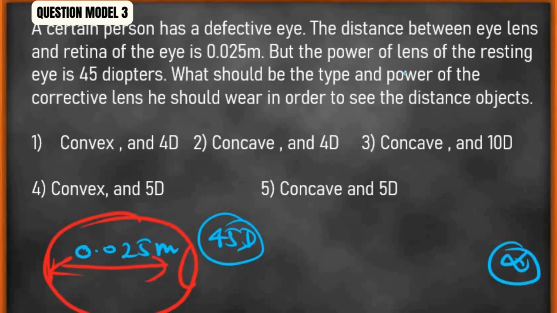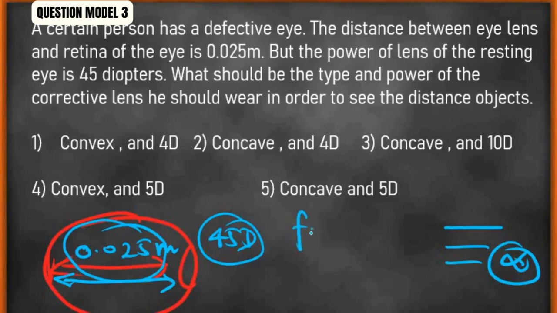What should be the type and power of the corrective lens he should wear in order to see a distant object, right? Remember that when looking at a distant object, the eye is at rest, and it acquires the maximum focal length of 0.025. This is the maximum focal length for an eye at rest. So we can assume f is equal to 0.025 meters.